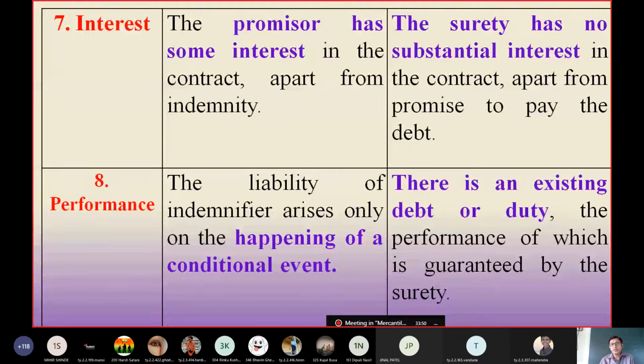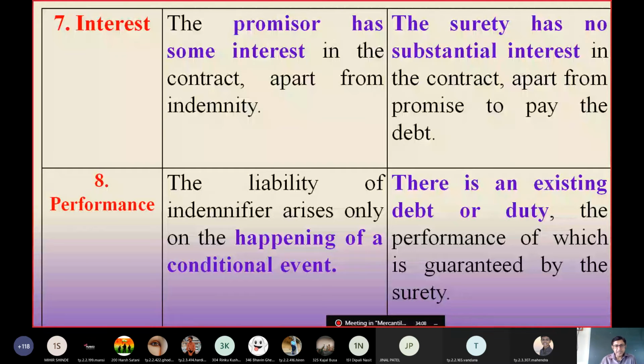He just makes a promise on behalf of the debtor towards the creditor that if his friend the debtor does not pay, then the guarantor is ready to pay. So he has no substantial interest. He is not going to make any income. There is no source of income for the guarantor in such a particular contract.